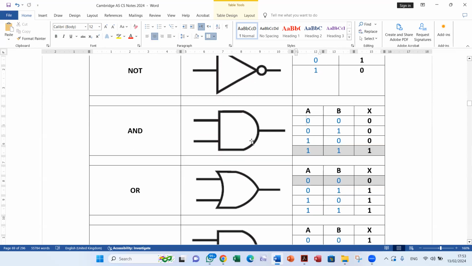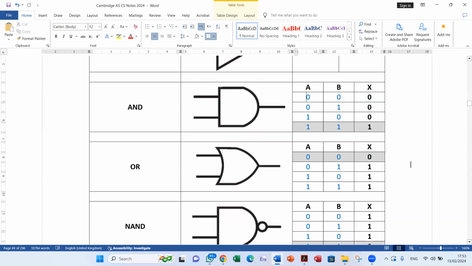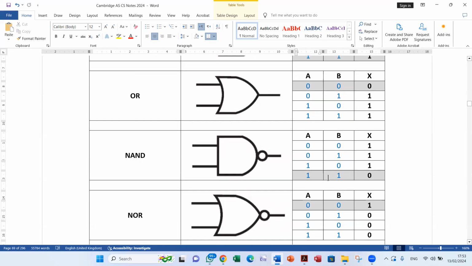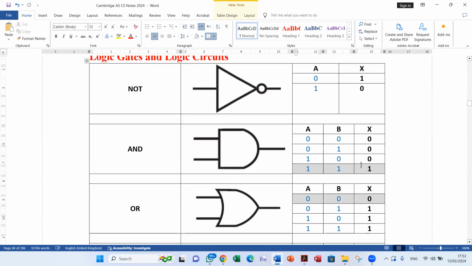The AND gate, 0, 0, 0, 1. The only time the AND gate produces 1 is when both inputs are 1. That sort of puzzle used to come frequently, often in the O-level. The OR gate is very kind. The only time it produces 0 is when both inputs are 0. The NAND gate is the opposite of the AND.